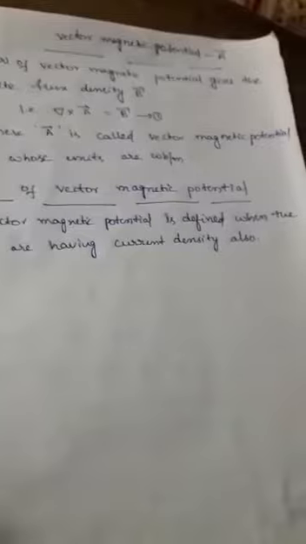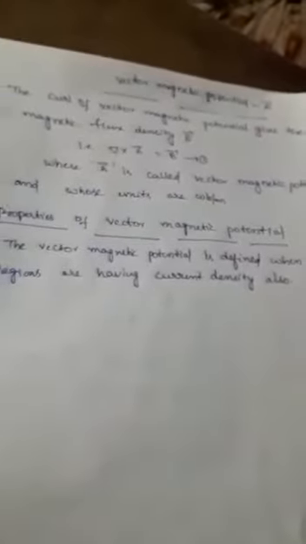That's why it is different from scalar magnetic potential, because scalar magnetic potential is applicable only for regions which have zero current density. But vector magnetic potential is applicable even for regions which have current densities.